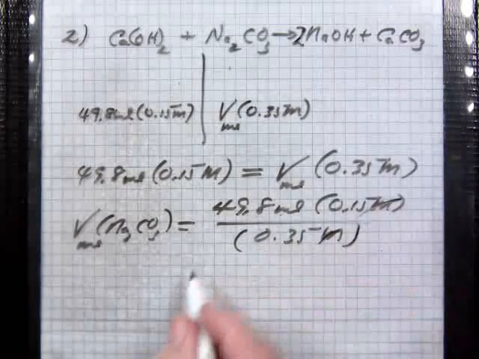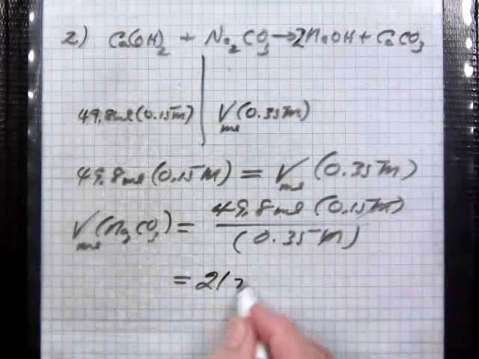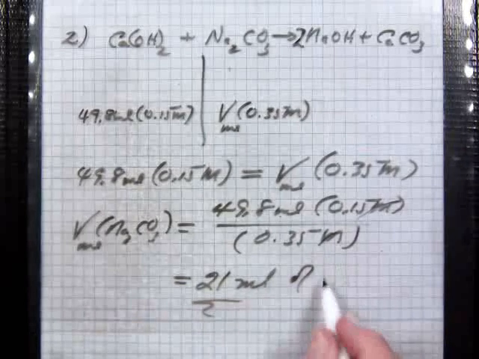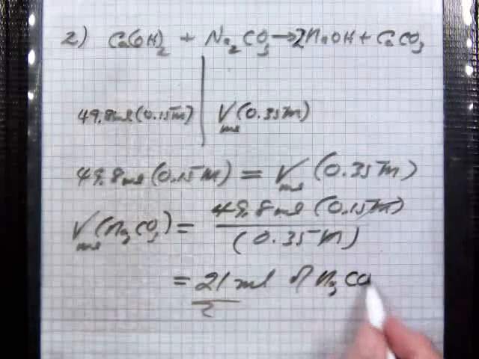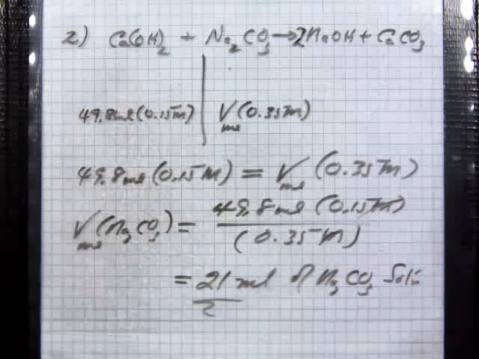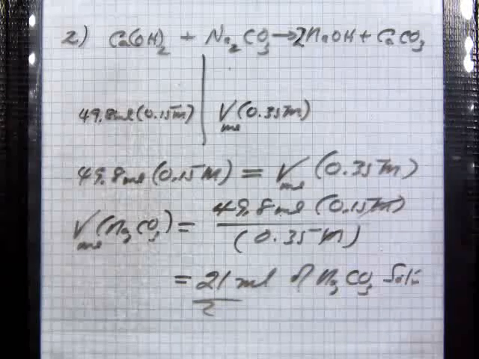Molarities drop out, and we're looking at 21 milliliters of the sodium carbonate solution. So you want to relate the reactants or the yielding product in terms of molarity times volume, because that's moles, moles, moles as we go through this.